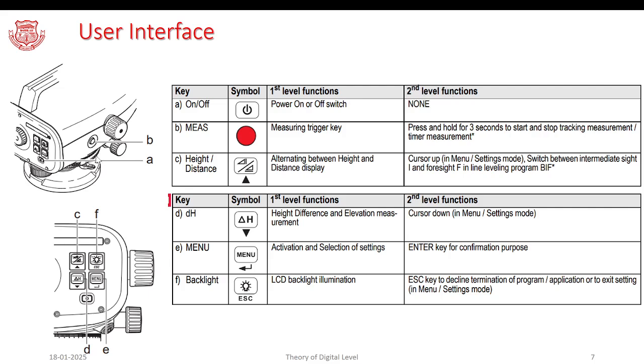However, on the right side, I had shown you some trigger key, that is the measurement key, red in color. Here, if it is pressed, we'll be going for measuring.